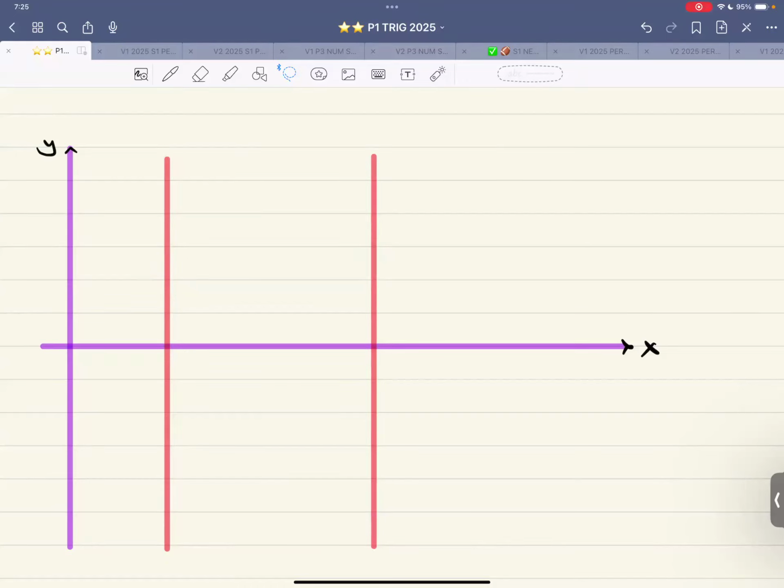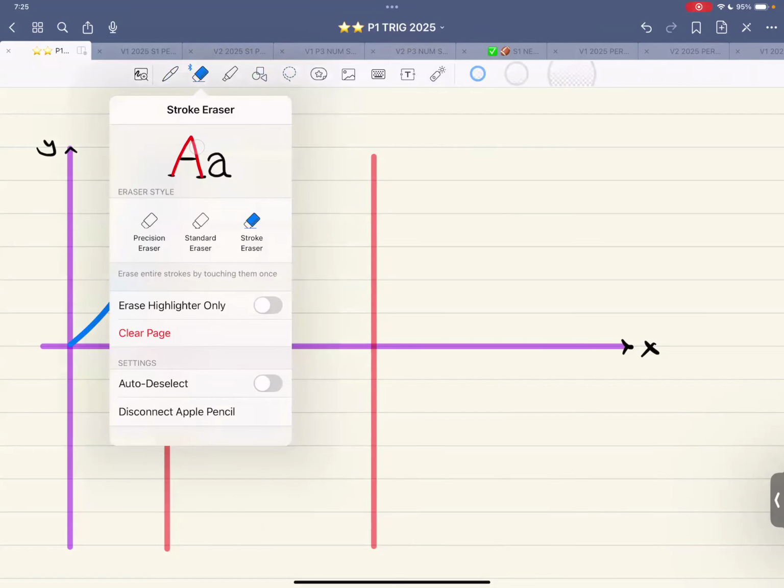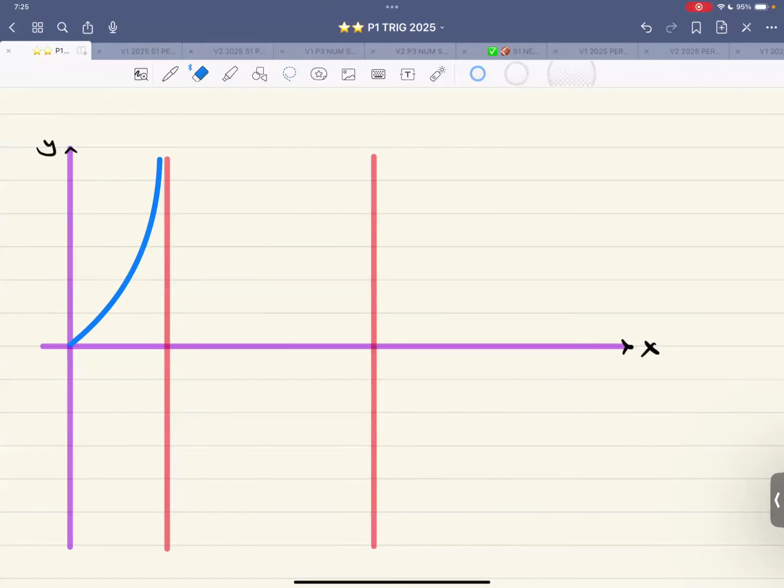Now, the first thing first is that the first portion of the graph looks like this. And I'll soon draw it dotted with this precision eraser. So that is showing the dotted line.